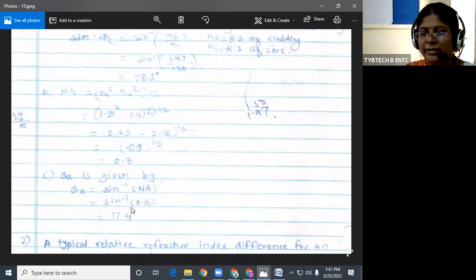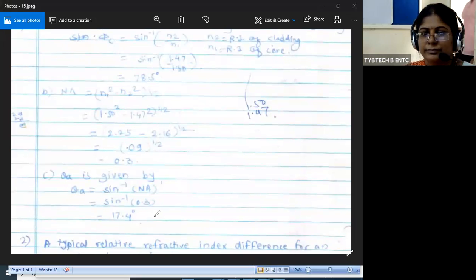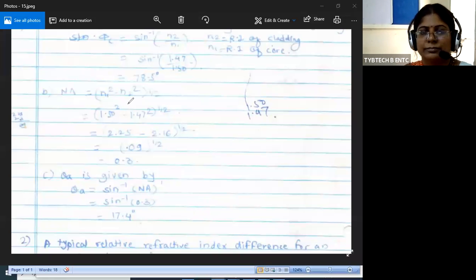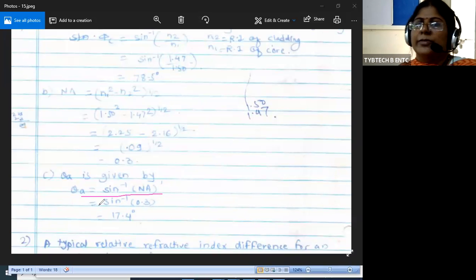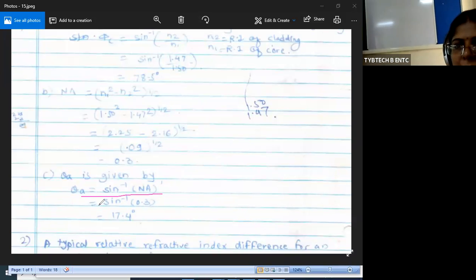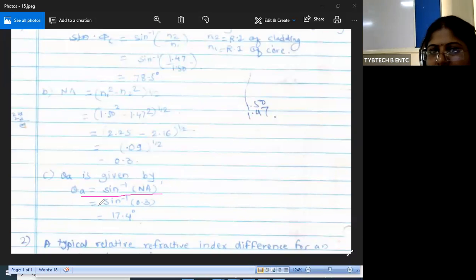This formula I am showing. Okay, just wait one minute.